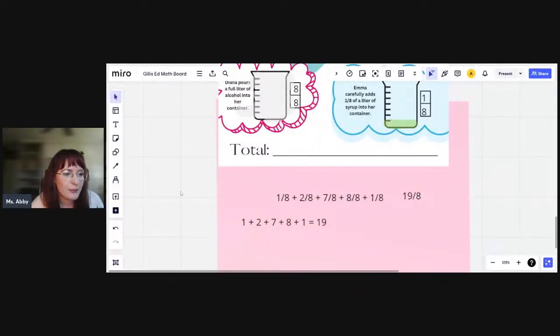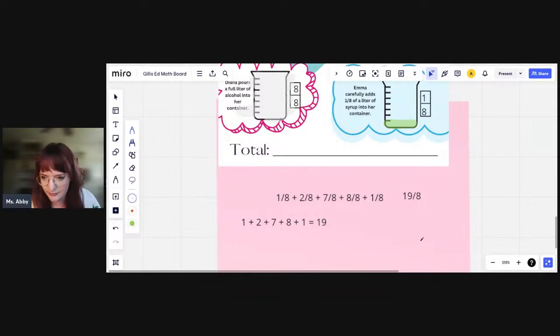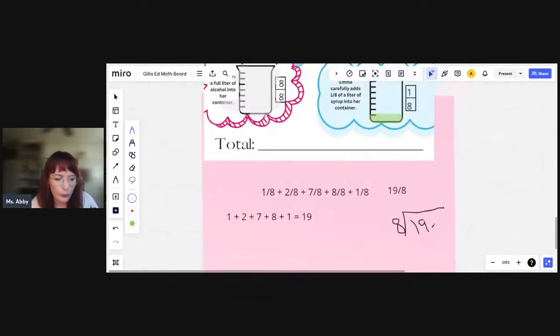So we're going to put 8 and 19. 8 is going to go into 19 at least twice, so we're going to do 2 up here. It goes into 19 twice because 8 times 2 equals 16.